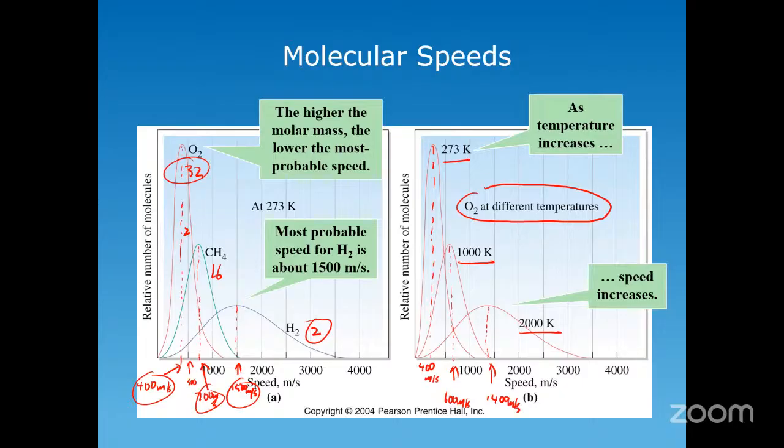So we can clearly see in this case, as the temperature increases from 273 to 1,000 to 2,000, the root mean squared speed increases from 400 meters per second to 600 meters per second to 1,400 meters per second. So that is observed as predicted by the equation. As the temperature increases, the root mean squared speed of the gas molecules increases. Okay, so that's as far as molecular speeds are concerned.